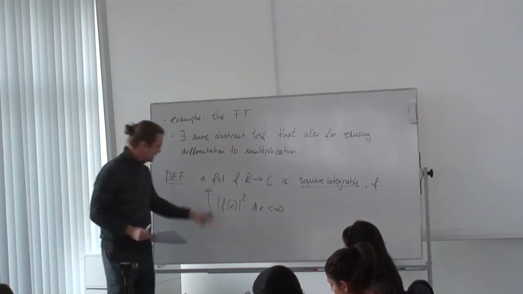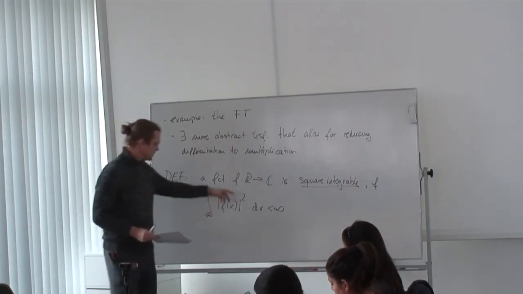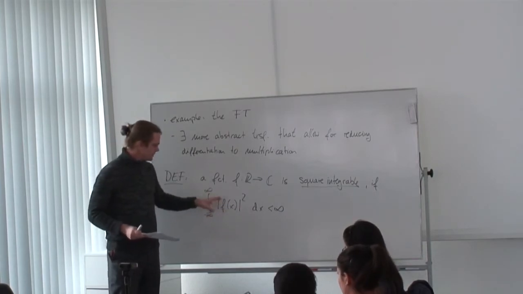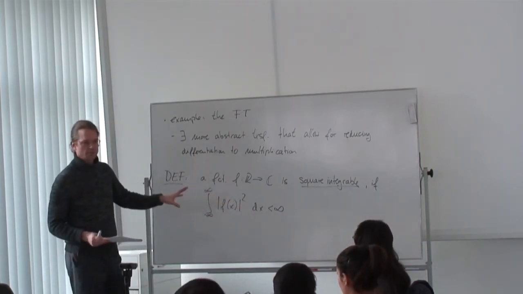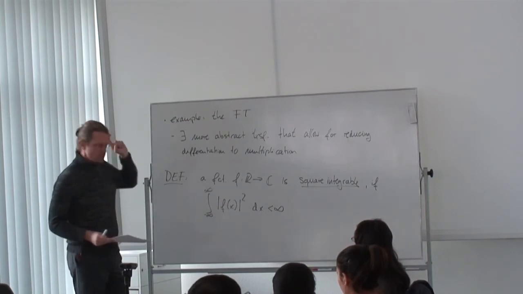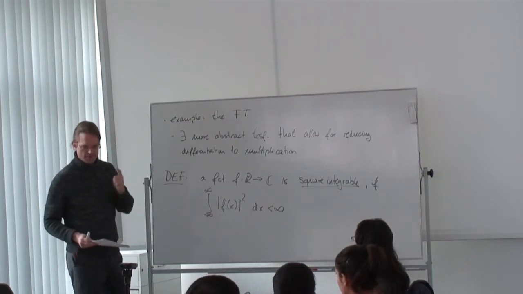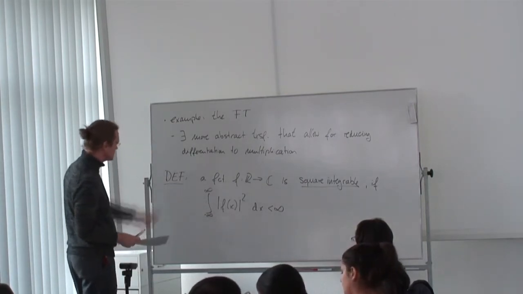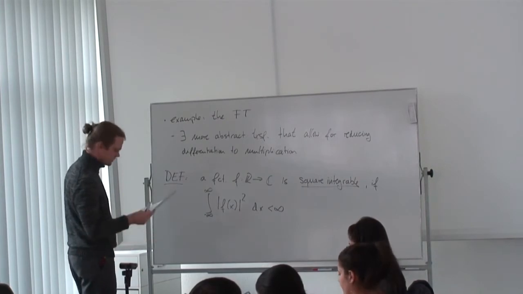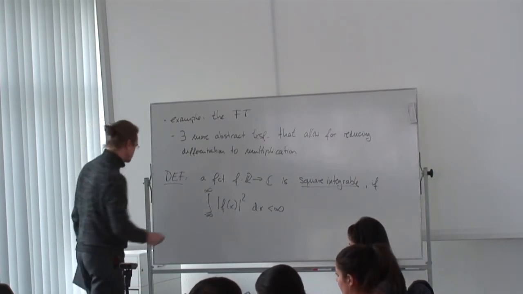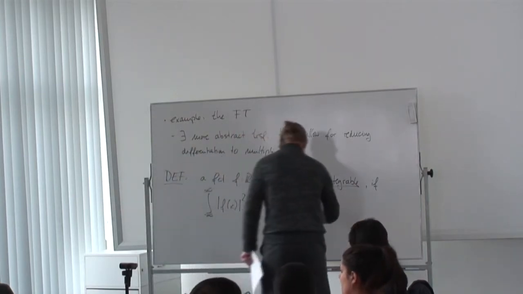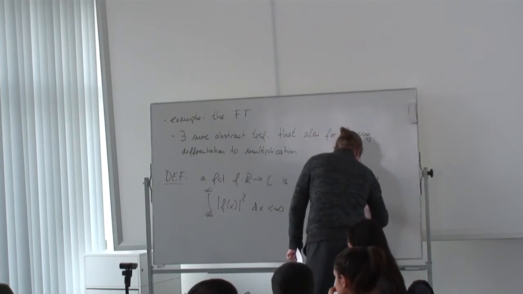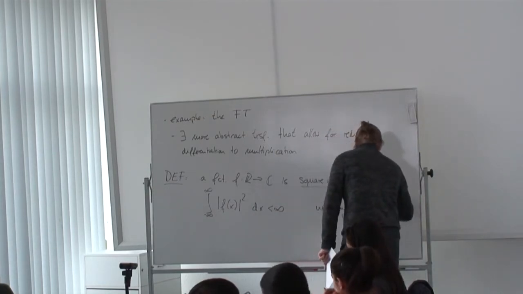We are considering the integral of the function squared, and since we're talking about in general complex numbers, I'm taking the norm here. So if we square the norm and integrate over that, then the result should be a number and not the symbol called infinity. All right. If a function has this property, we say that this function is an element in a set that is called L2.